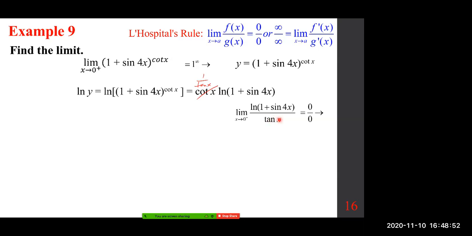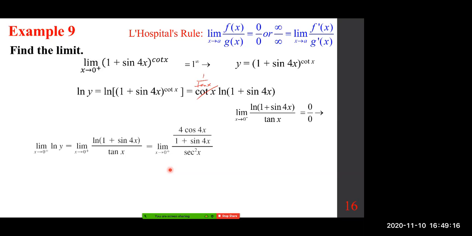The derivative of tan x is secant squared. So one more time, the top, flip this over, 1 over 1 plus sine 4x. And the derivative of this expression is cosine 4x times 4. And tan, the derivative is secant squared. Okay, everybody?